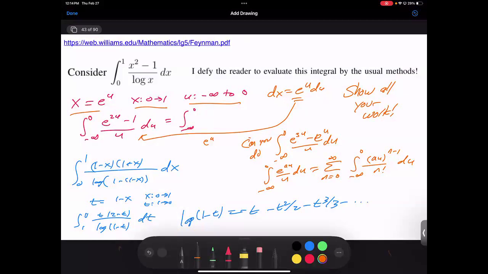Instead of undefined, what would you say? What's the value? Let's take n equals 4. So we're integrating u cubed from minus infinity to 0. What do you get? Infinity. And notice the infinities are going to alternate being plus and minus infinity.